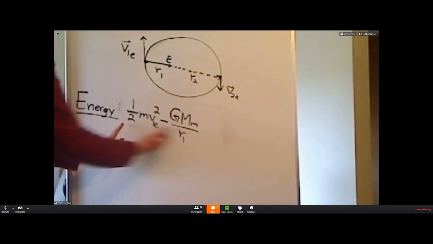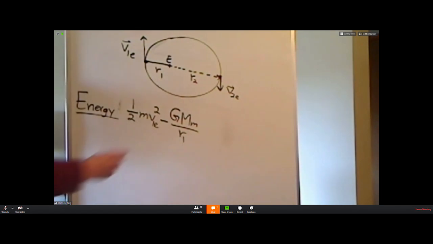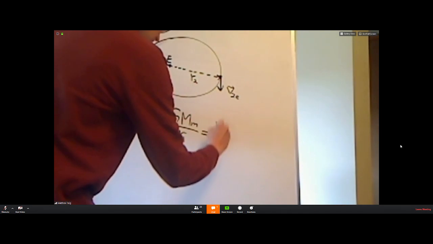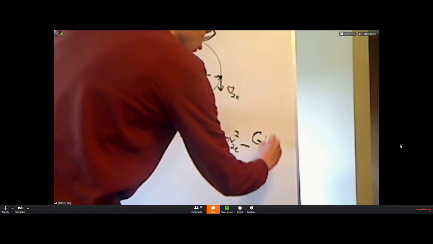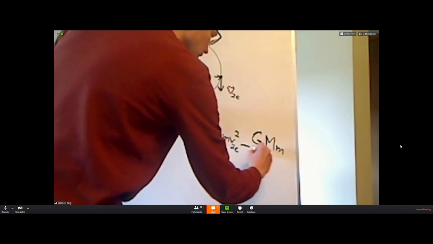This is the kinetic plus the potential energy at position 1, and I'm just going to set it equal to the exact same statement, replacing the 1s with 2s. That should be the same as 1/2 little m V2E squared minus capital G, capital M, little m over R2.